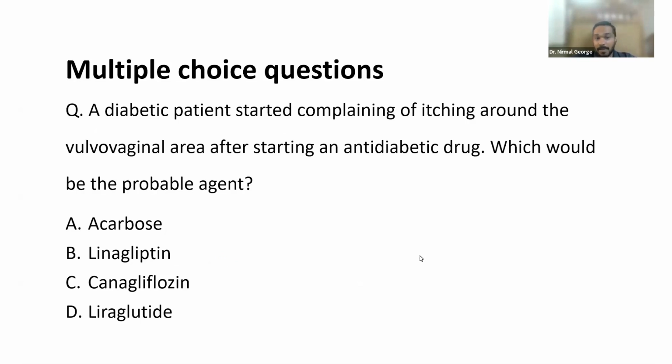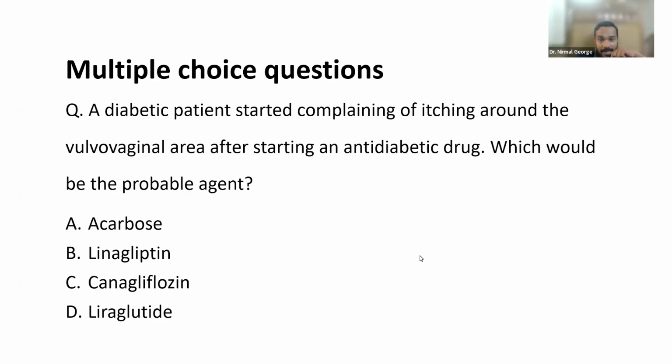Second question, a diabetic patient started complaining of itching around the vulvovaginal area after starting an anti-diabetic drug. Which would be the probable agent that caused this adverse drug reaction? A. Acarbose. B. Linagliptin. C. Canagliflozin. And D. Liraglutide. Yes, canagliflozin. Canagliflozin is an SGLT2 inhibitor.